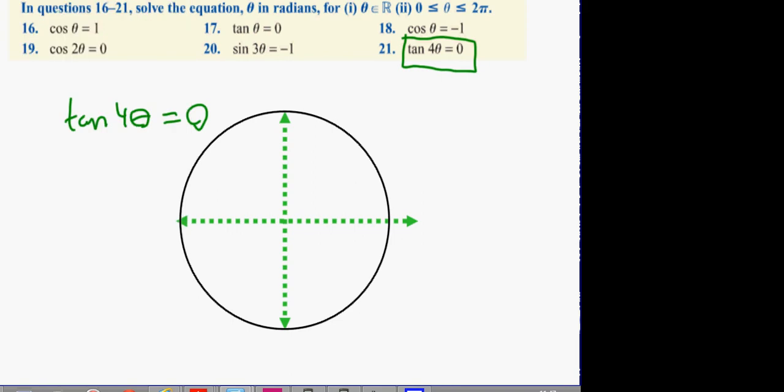So there are 2 places where this happens: at 0 degrees and 180. In turn it also happens at 360 and 540 and all the way out.